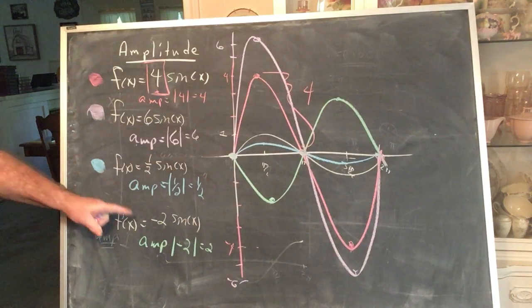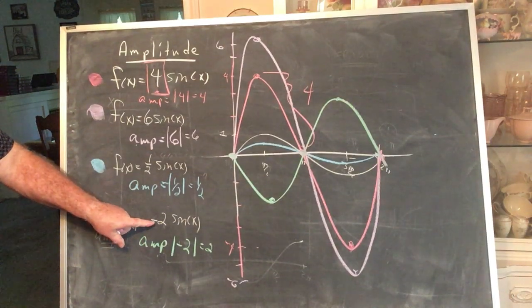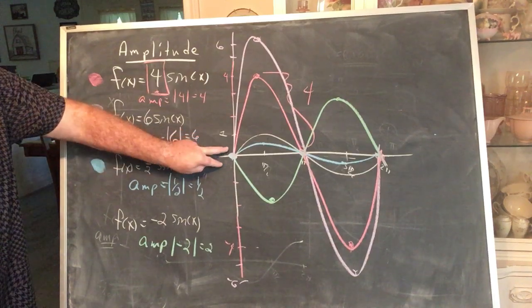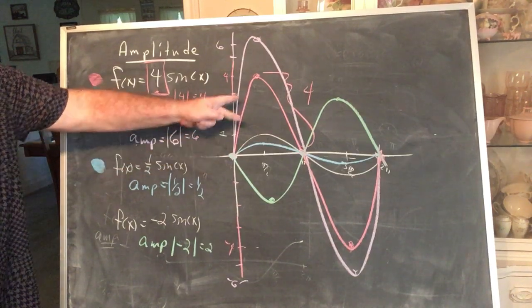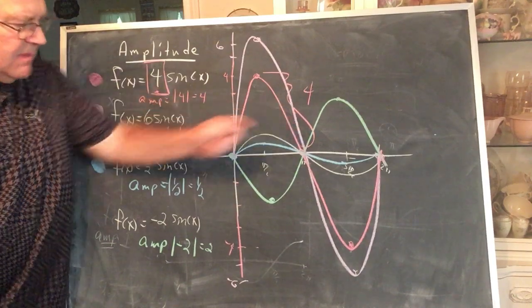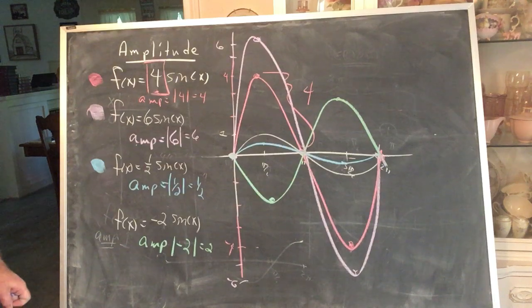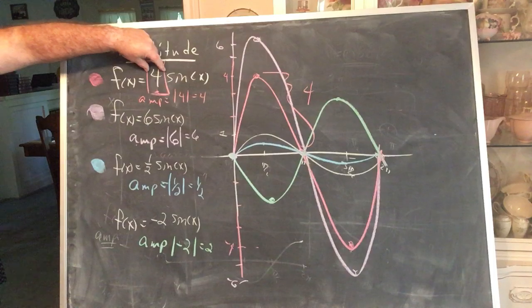So if the multiplier is negative, that causes the function to be reflected across the x-axis. What was up becomes down, what was down becomes up. And it still is stretched by that factor of 2. So the coefficient determines the amplitude.